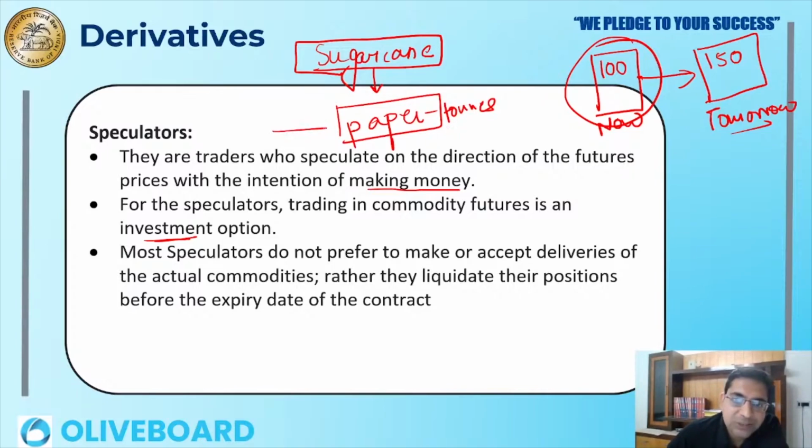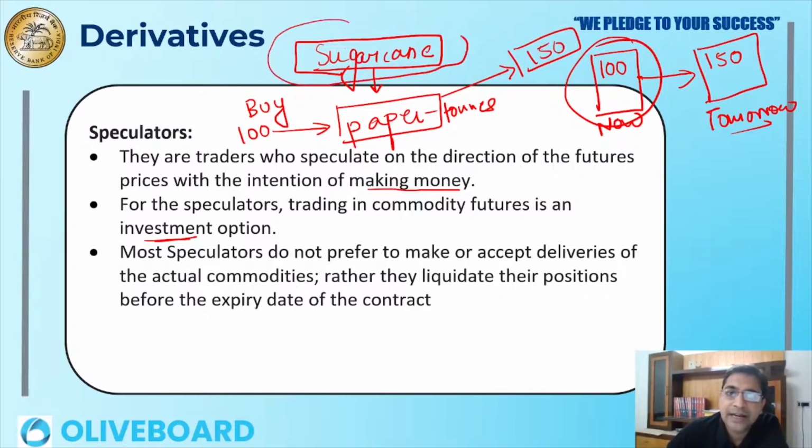So I buy this paper at 100, and tomorrow I sell this paper for 150. I am not actually selling the sugarcane. I am just trading that paper in which it is written that this paper amounts to this much sugar. Okay, so I hope you are getting it.